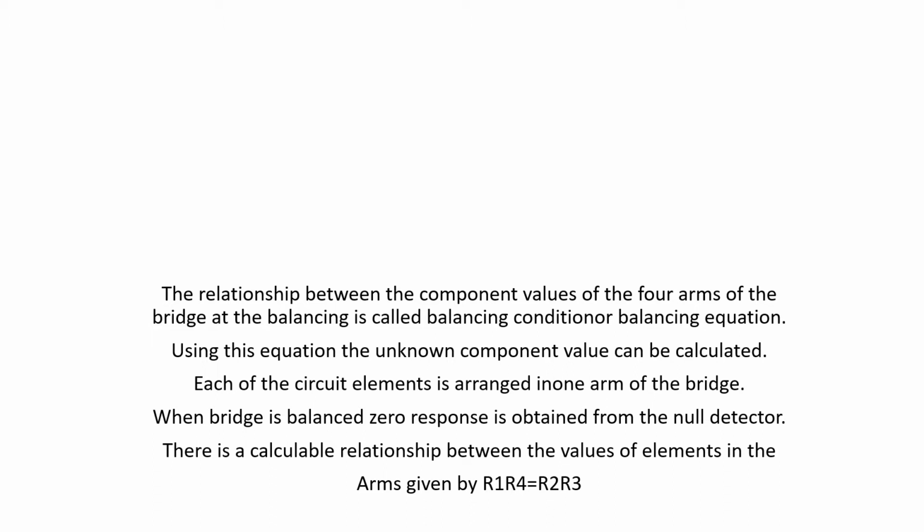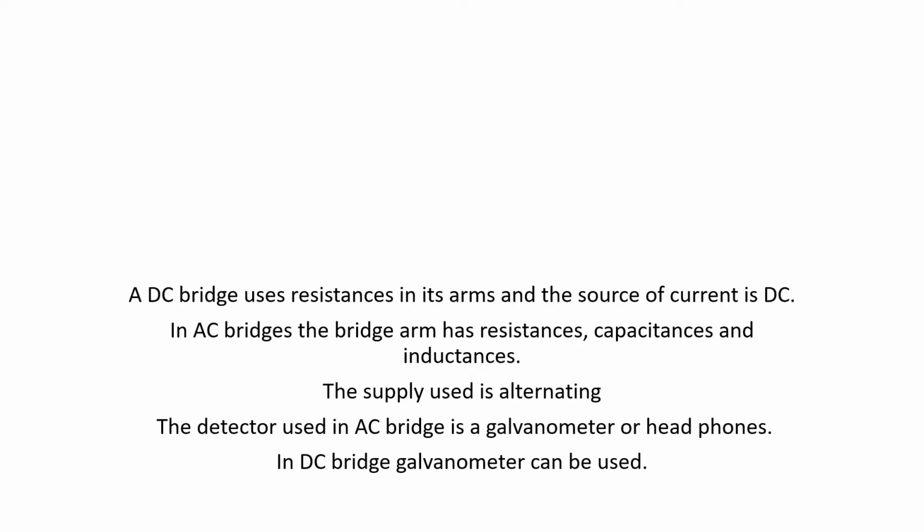There is a relationship between the values of the elements in the arms given by R1 R4 equals R2 R3. So we have DC bridges and AC bridges. A DC bridge uses resistances in its arms and the source of current is DC.